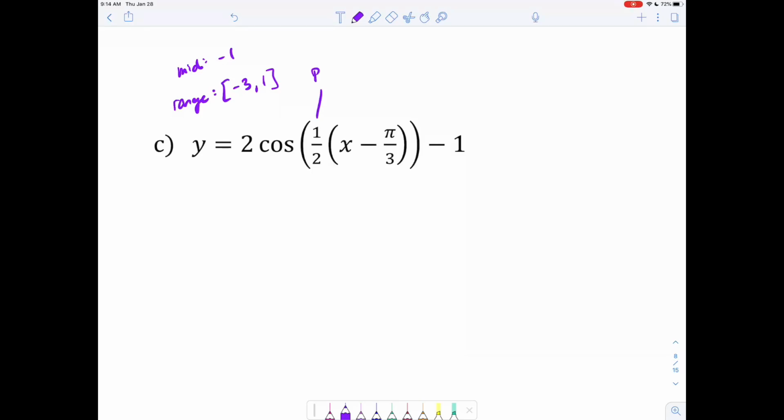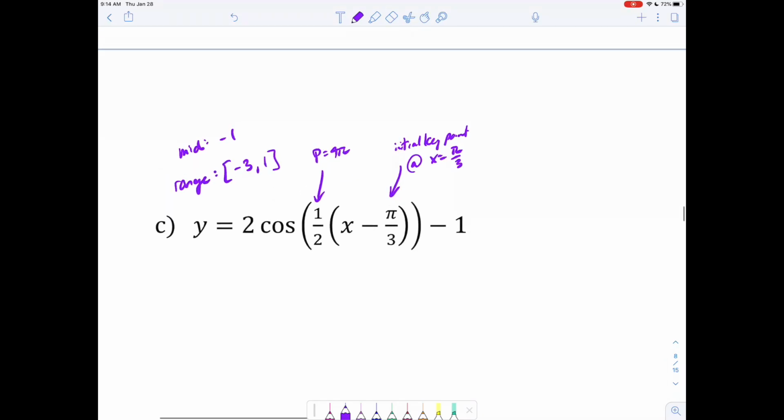This tells me that the period is 4 pi. This tells me that the initial key point is when x is equal to pi over 3. I shifted pi over 3 to the right.